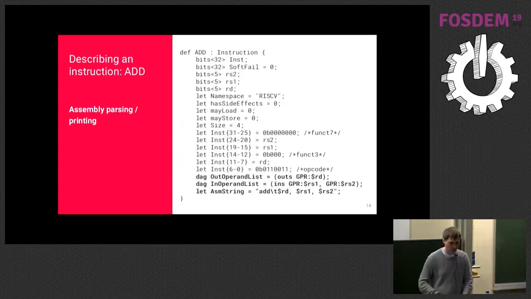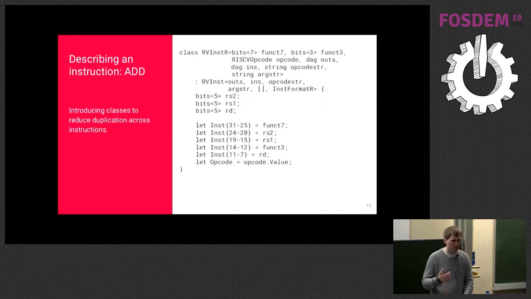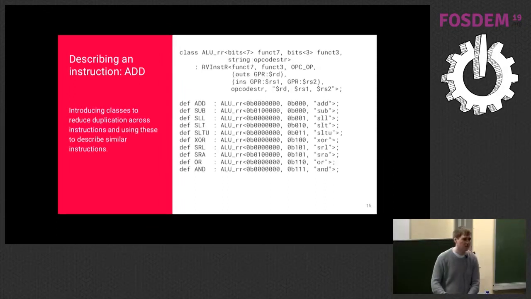But of course, this is verbose and painful. If you had to write that for every instruction, it would become tiresome and not easy to maintain. So you start adding classes, which are a feature of the TableGen DSL, which mean that ultimately you can specify instructions using a fairly straightforward form such as this, which defines all of the register-register instructions in the base RISC-V ISA.